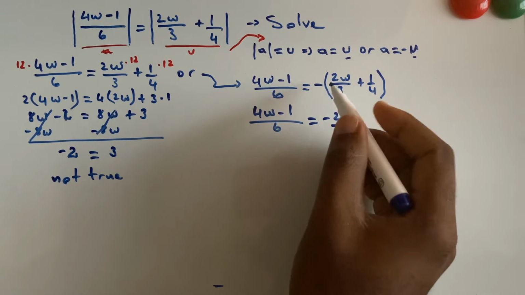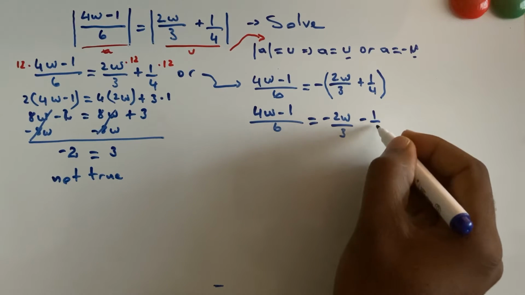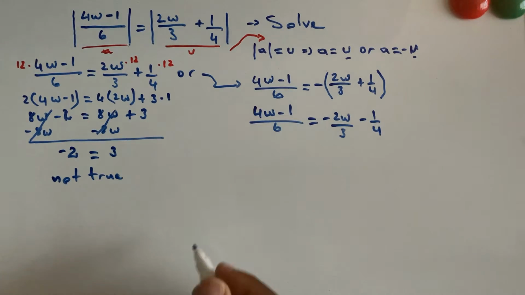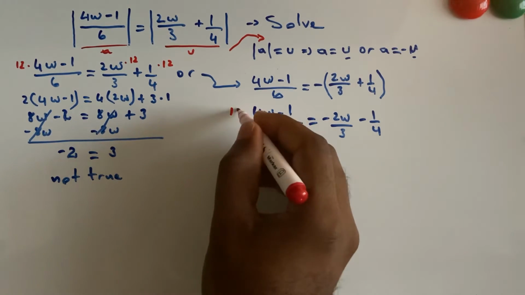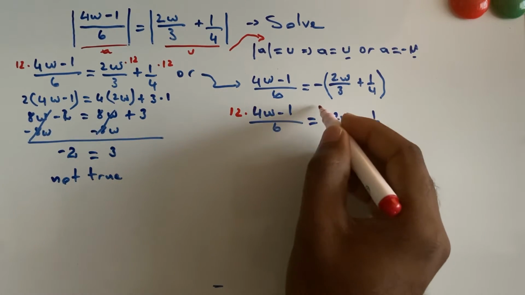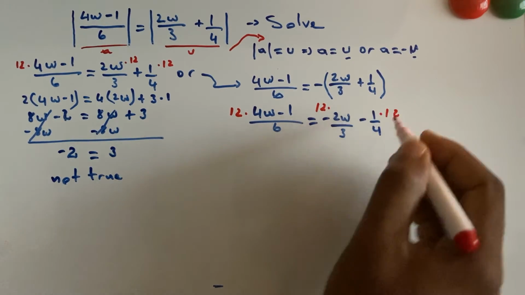So times 1/4 will be negative 1/4 now. Okay, all the signs are changed. Now I'm going to do the same thing I did for the previous problem on the left. So I'll just multiply by the LCD again. 12, same thing here, 12 times right here, okay?